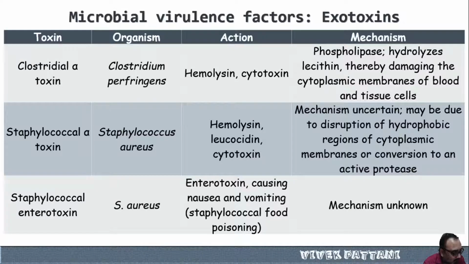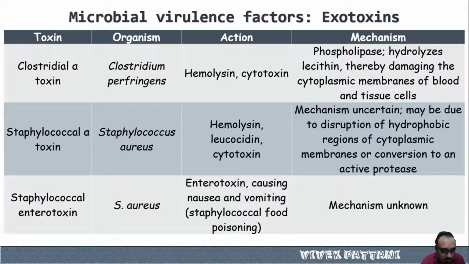For example, in the case of the diphtheria toxin, its ability is enhanced due to the presence of the corynephages which undergo the lysogenic cycle, and this gene is carried by the temperate bacteriophage, the corynephages, which affect Corynebacterium diphtheriae.